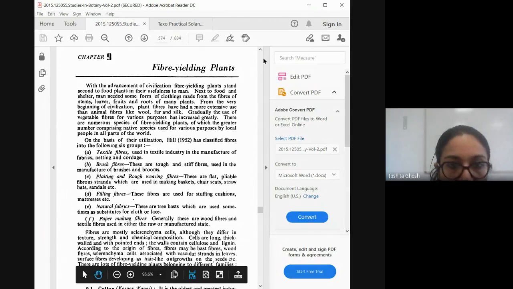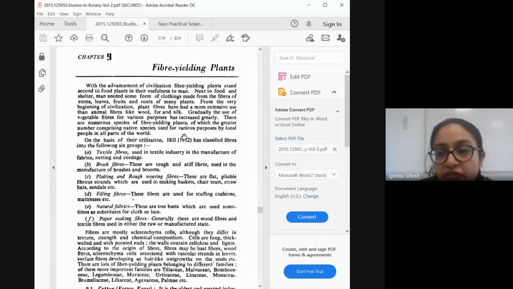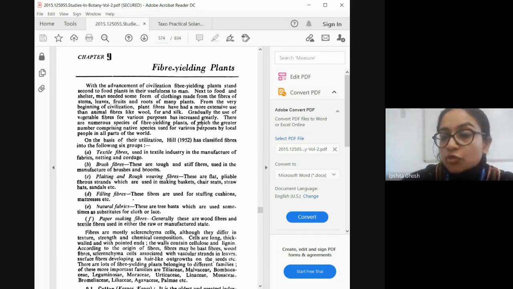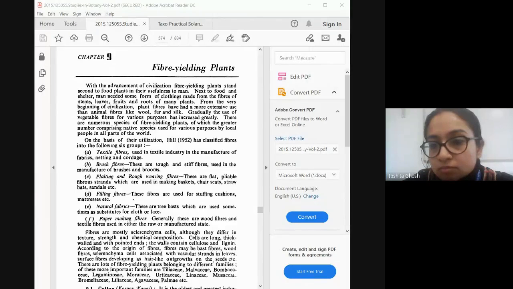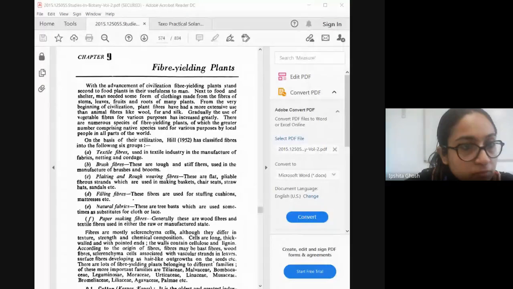Okay. So regarding fiber yielding plants, what are fibers? Why do we require fibers? Anyone? What do you mean by fiber? Roll number 5.